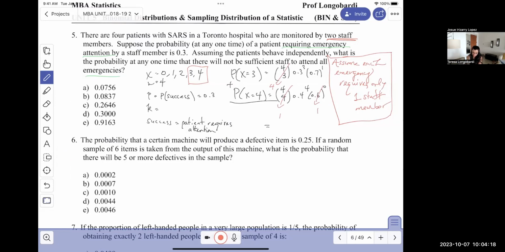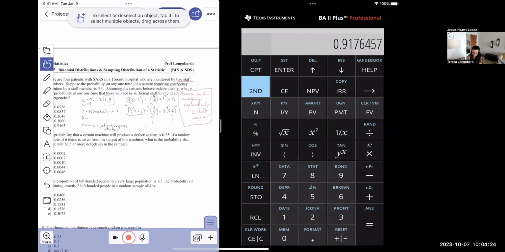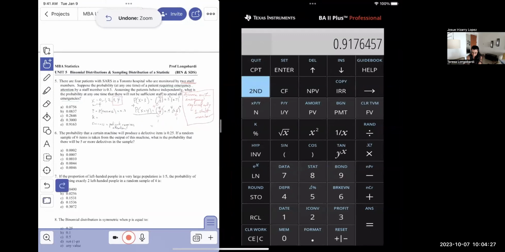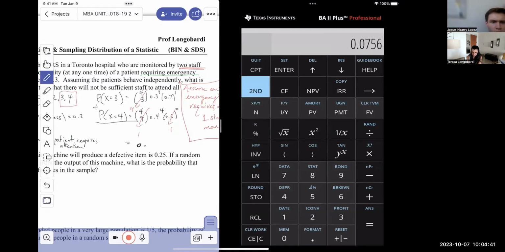So the top one is 4 times 0.3 to the 3 times 0.7. So I get 0.0756, and I add it to 0.4 to the 4. 0.4 to the 4 is 0.0256, and I add 0.0756, and I get, oh, a different number.